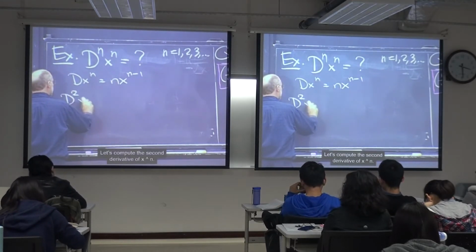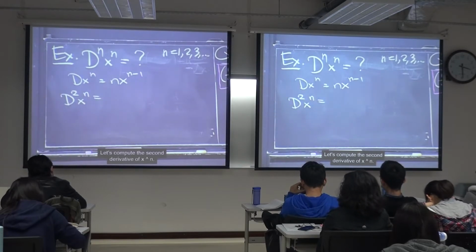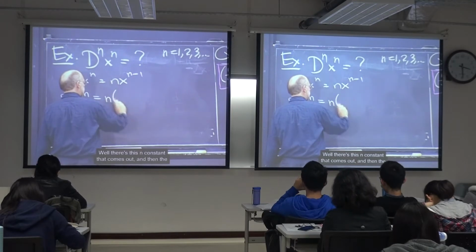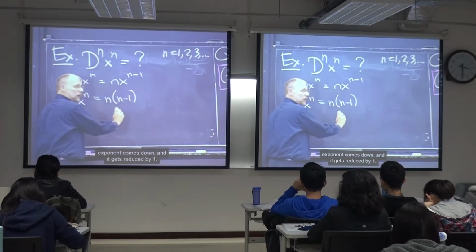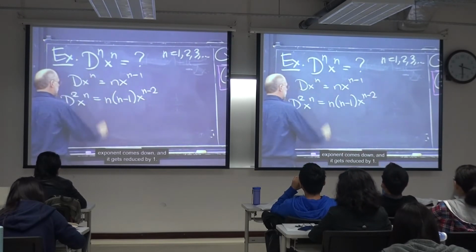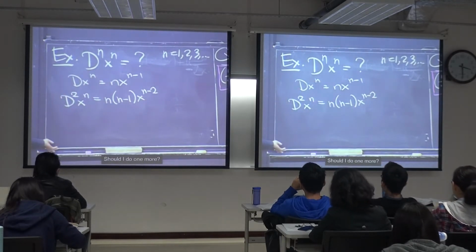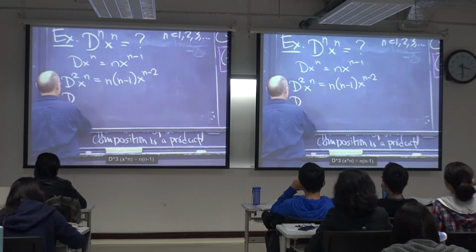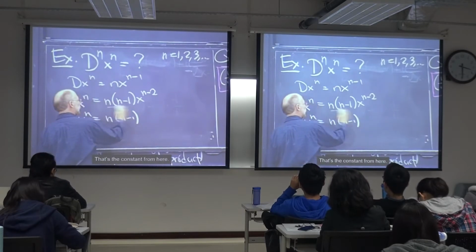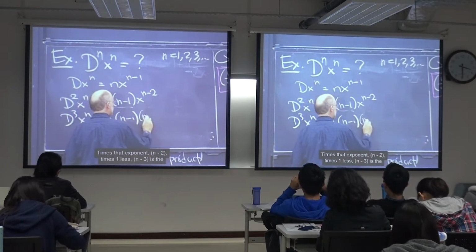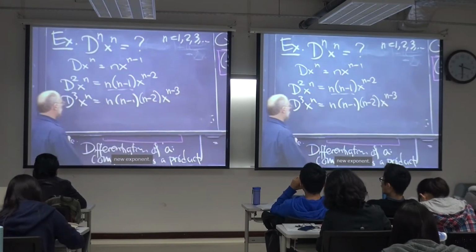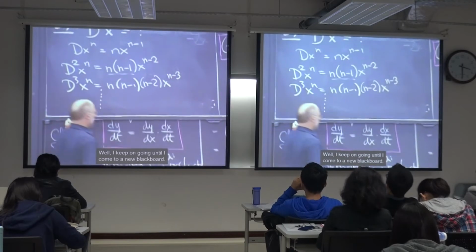Let's compute the second derivative of x to the n. Well, there's this n constant that comes out, and then the exponent comes down, and it gets reduced by 1. Right? Shall I do one more? D cubed x to the n is n times n minus 1, that's the constant from here, times that exponent n minus 2, times 1 less, n minus 3. It's the new exponent. Well, I keep on going until I come to a different blackboard.